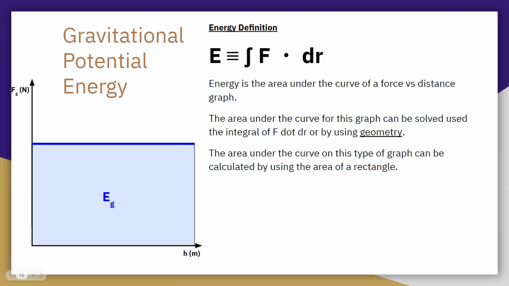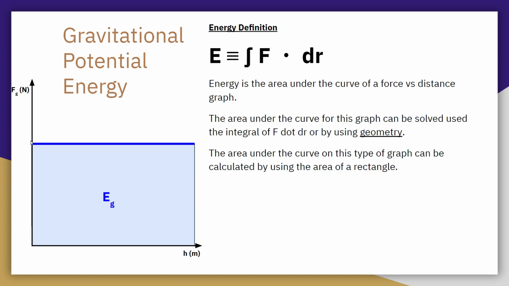Now for our gravitational potential energy. Our force of gravity remains relatively constant, particularly when we are near the surface of the Earth. Regardless of what the height of the object is, it doesn't matter if it's displaced 1 centimeter, 1 meter, or 100 meters, or even further up.